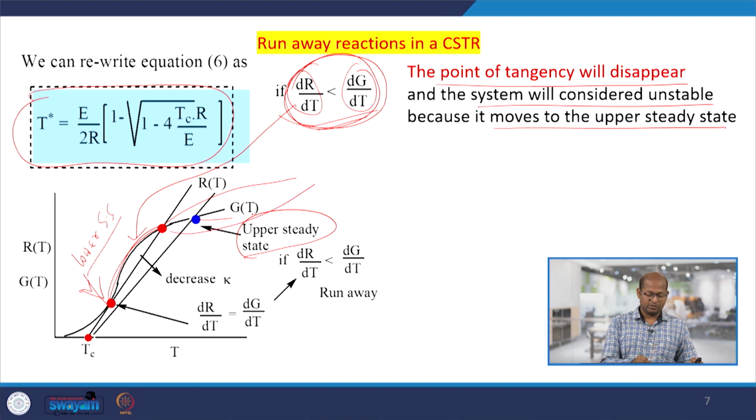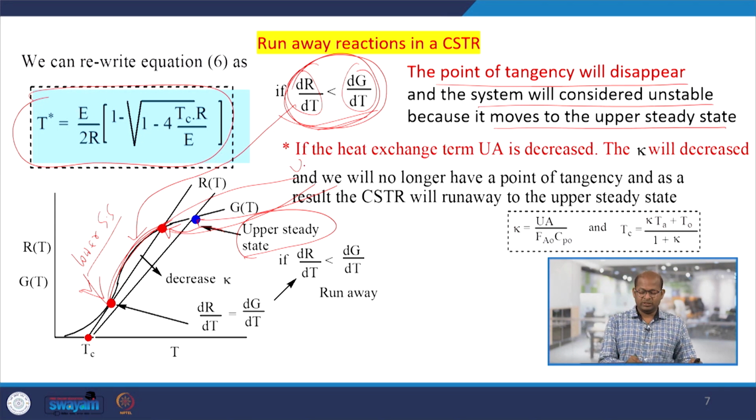So, a runaway condition can occur if there is any sudden slight increase in the temperature inside the reactor, and then the system moves to the upper steady state. Okay. So, for the heat exchange terms, kappa you have noticed equals UA by FA naught Cp naught. So, kappa you can put it here.